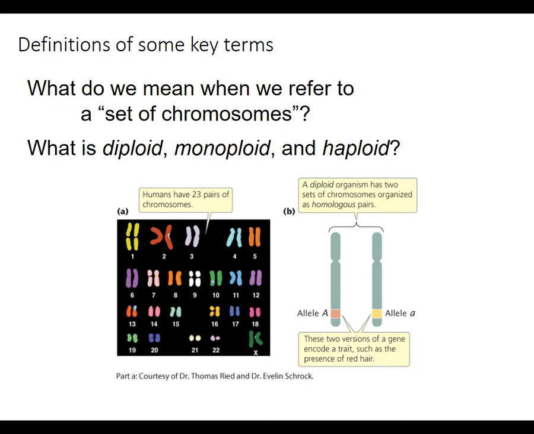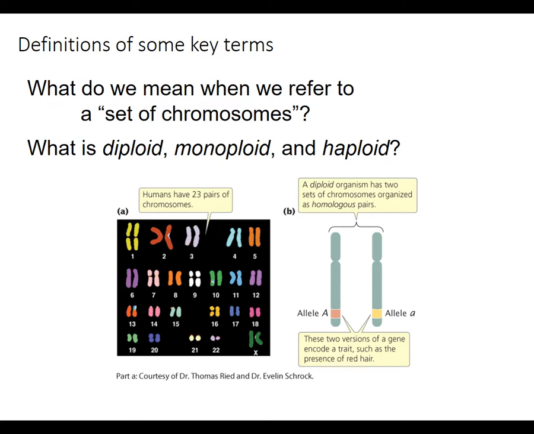So in this photo, one of each different color chromosome makes up 1 set, and then the other one of each different color makes up the other set. So if a cell contains 2 sets, then it would also contain 2 copies of each particular kind of chromosome.